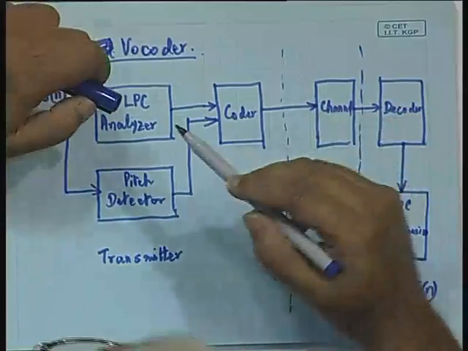It is quite similar to the other vocoders that we have discussed. We have already discussed the channel vocoders. There you remember that we had a kind of analysis filter bank, and the signal was analyzed into different filter banks, 10 or 12 filter banks we had used.